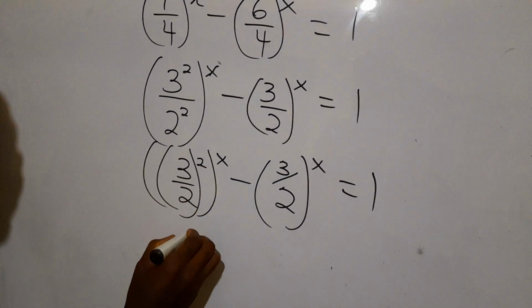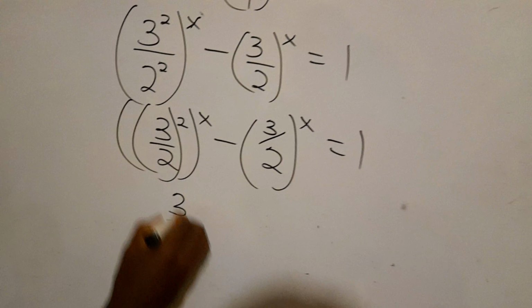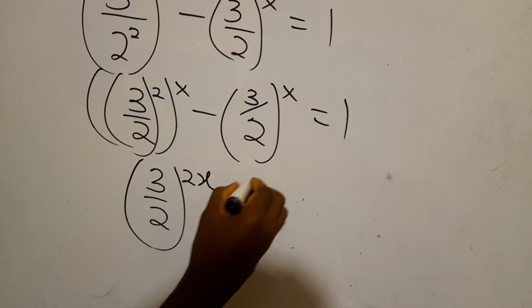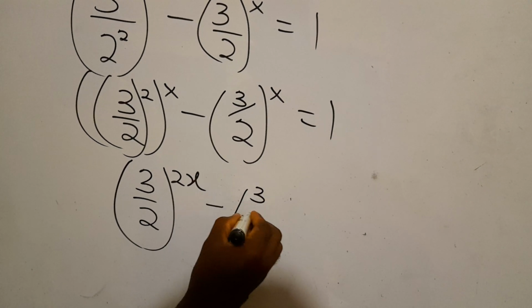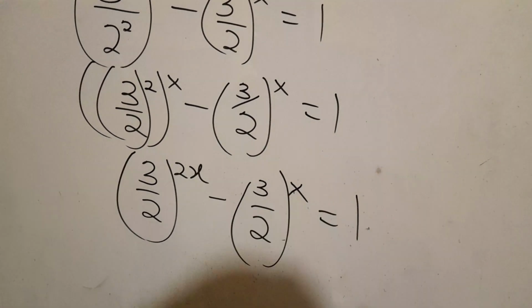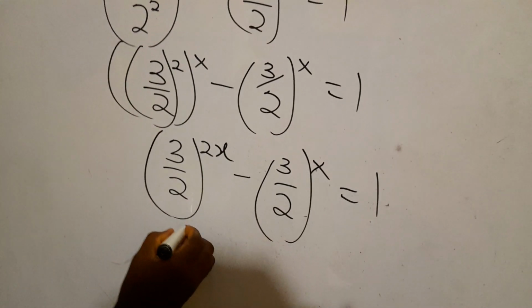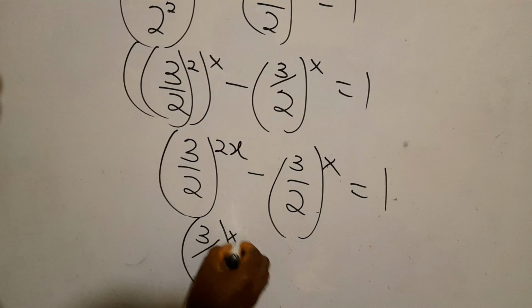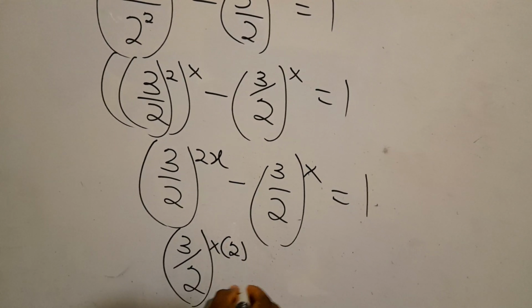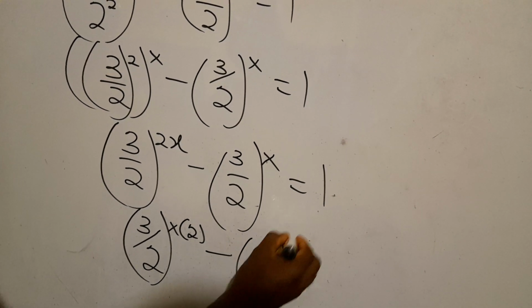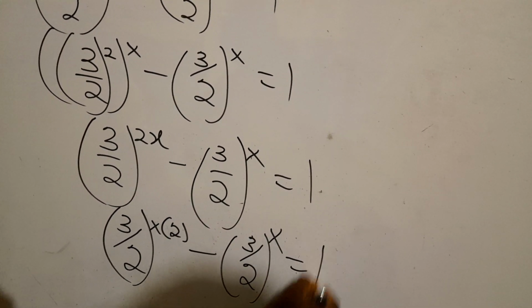So this will be 3 over 2 exponent 2x minus 3 over 2 exponent x is equal to 1. I can rewrite this as 3 over 2 exponent x times 2 minus 3 over 2 exponent x is equal to 1.